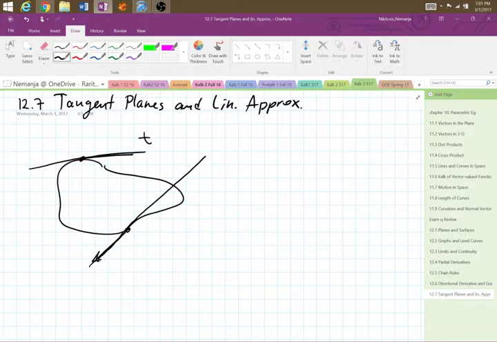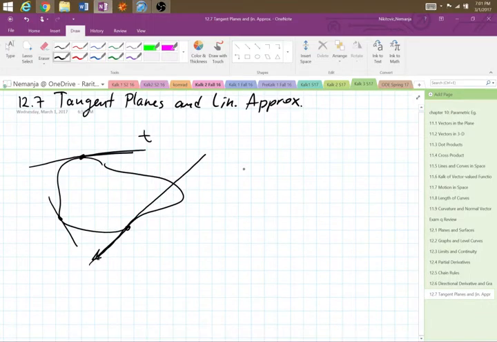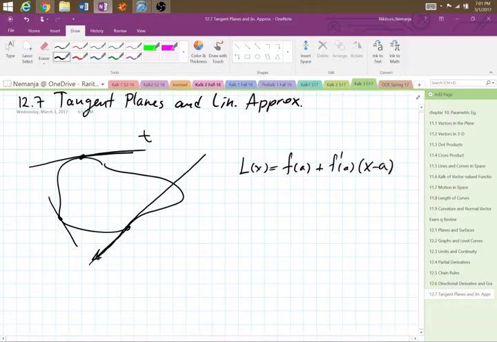And you know how to find that tangent line. The tangent line was that linearization function, which was f of a plus f prime at a times x minus a, which generated the tangent line.